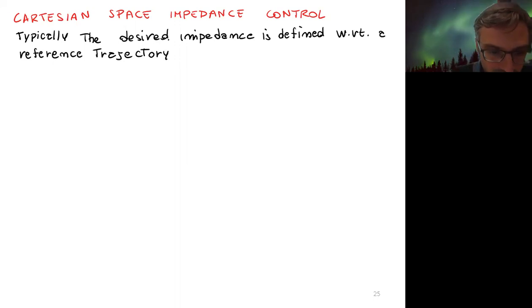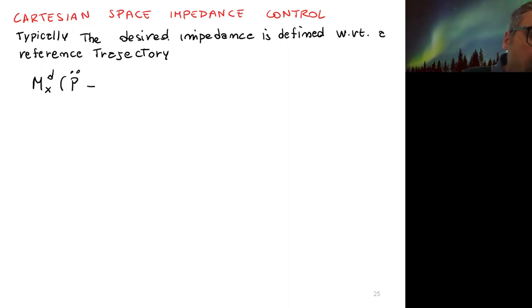And in this case, the impedance will have the following form, where we have the acceleration of the end effector minus the desired acceleration of our trajectory, multiplied by the desired inertia that we want in our impedance.